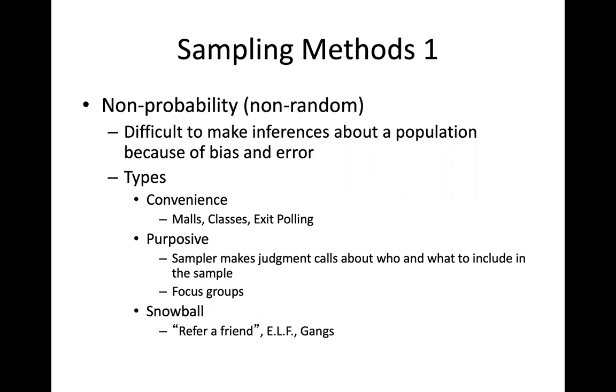And then you start referring a friend and you get more data points, but they're all based on people who know each other or have some sort of connection, which means you might be missing a whole group that either didn't get referred to you, who might not trust you, or maybe isn't known to this other bigger part of the group. So you get data and you get the sample, but it does have some real significant problems.